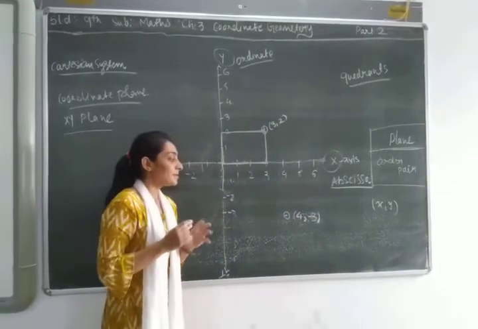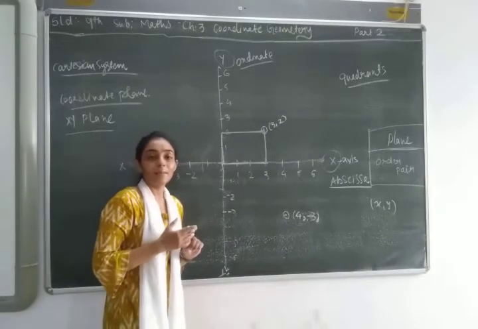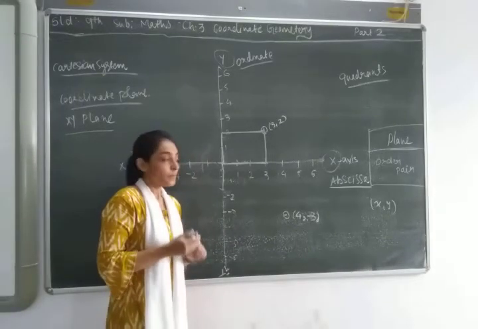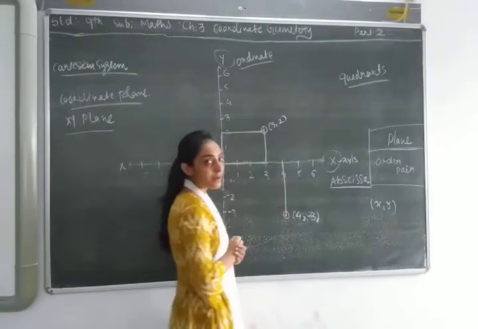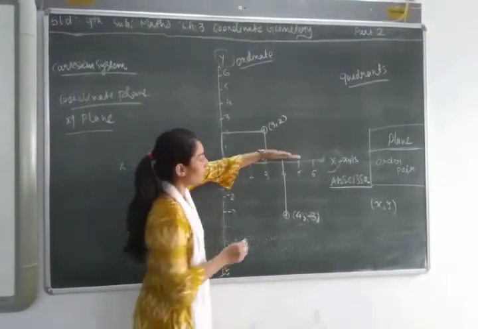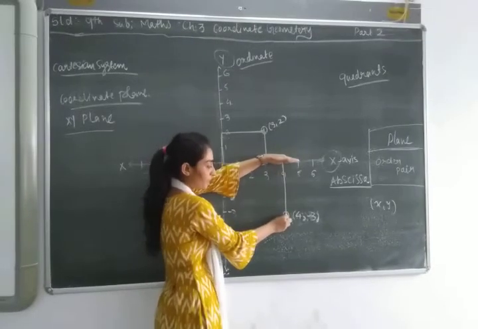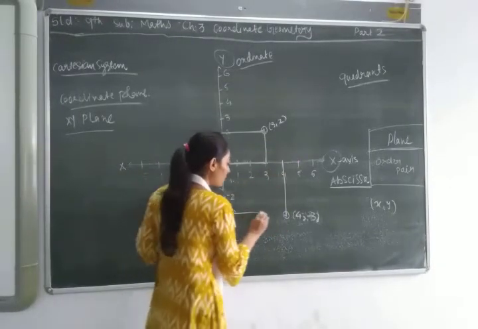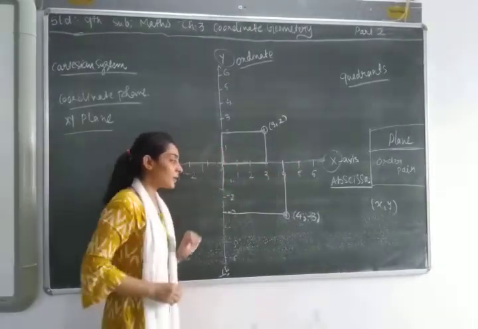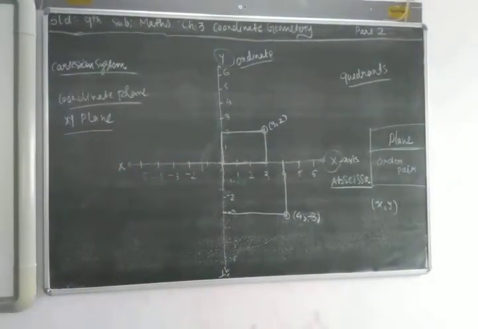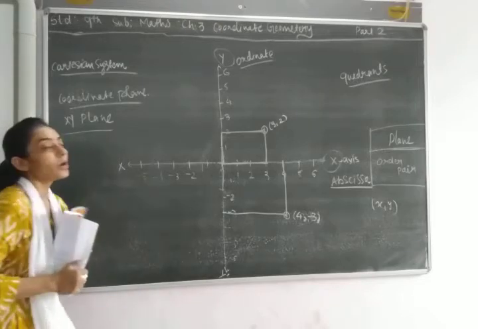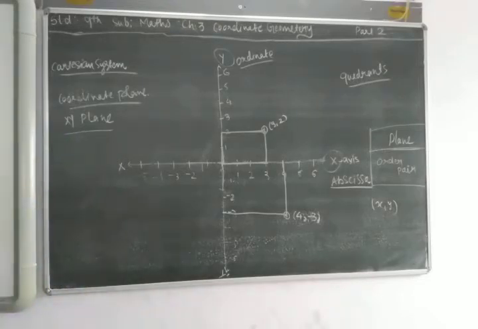So this one, the first point, represents the x-axis point. It means you just have to draw the perpendicular from the x-axis. Now draw a perpendicular to the y-axis. This way you can represent this one. Okay. Now some more questions from your textbook only.